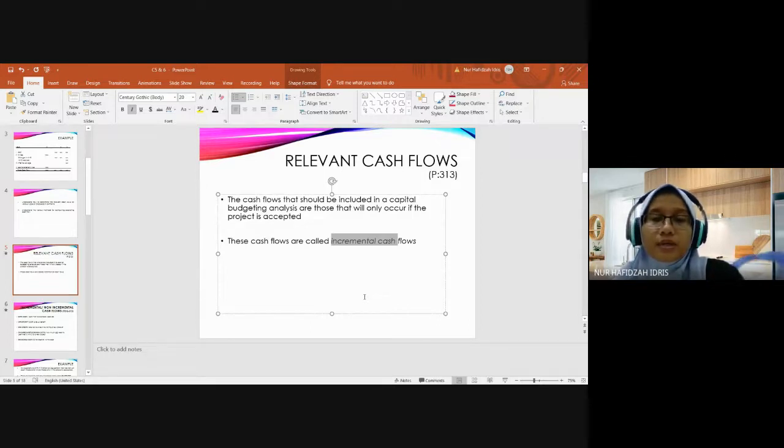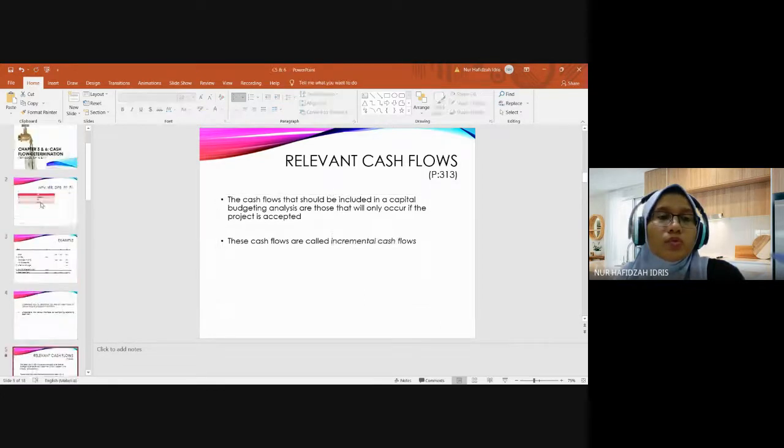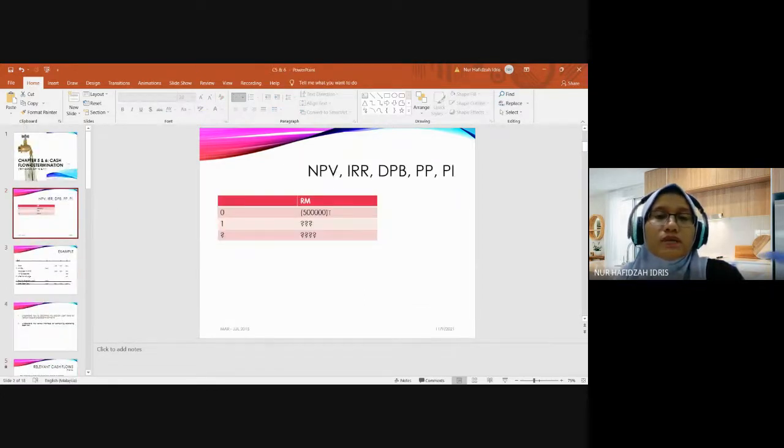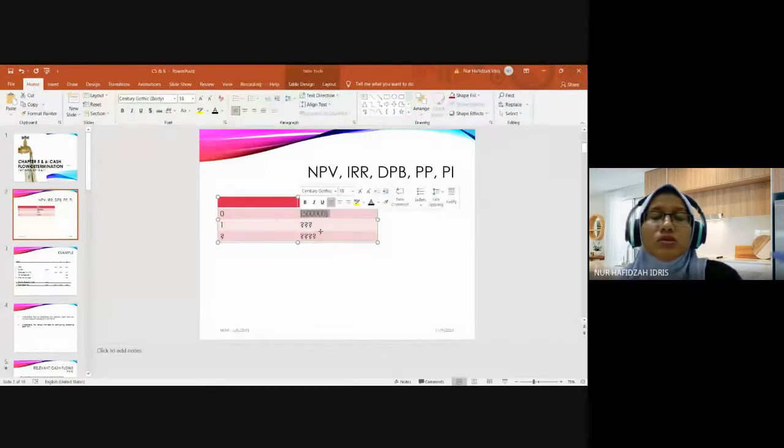For example, we are talking about incremental, right? Say you want to buy this machine. The cost of the machine is 500,000. So the incremental cash flow involved with this capital budgeting, number one, is definitely the cost of the machine. Cost 500,000 ini adalah incremental cash flow.